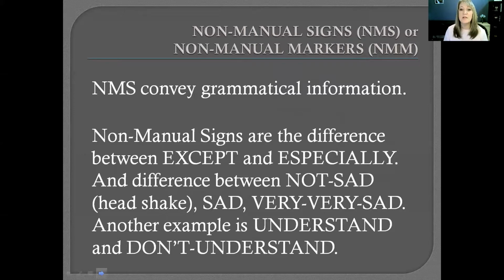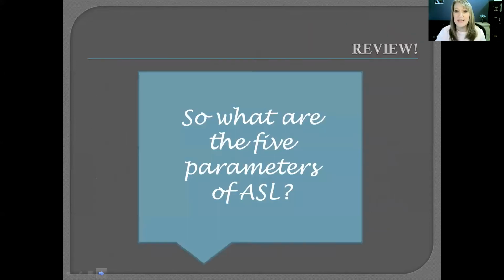Another example of the use of NMS and how it changes the meaning is understand and don't understand. It's exactly the same sign. It's exactly the same sign. Only understand and don't understand. Okay, so the non-manual sign is very important. It's not optional. You have to use it to sign it, or what you're trying to say doesn't mean the same thing.